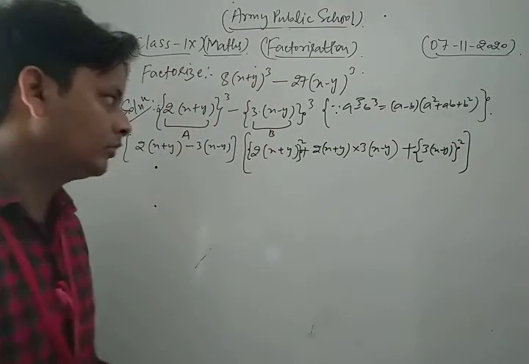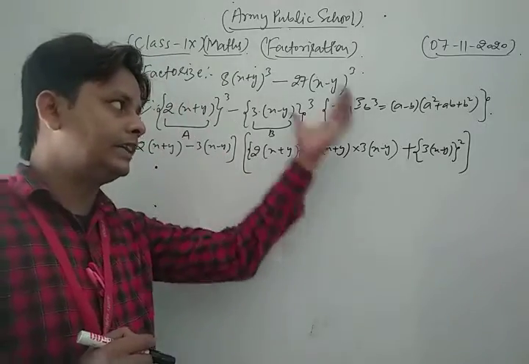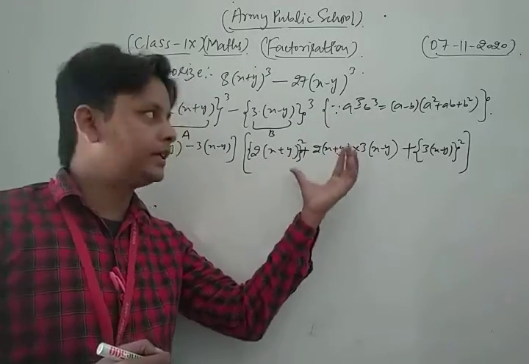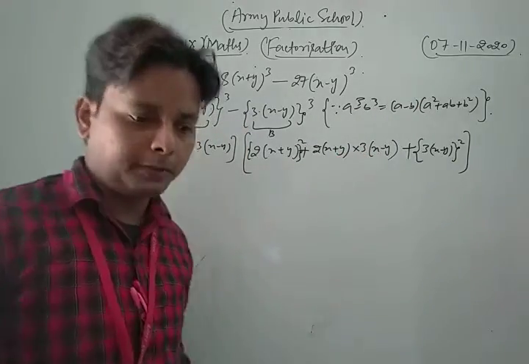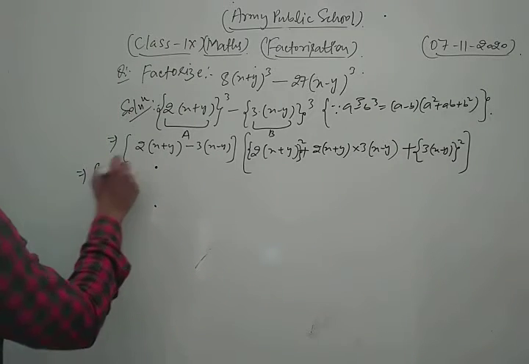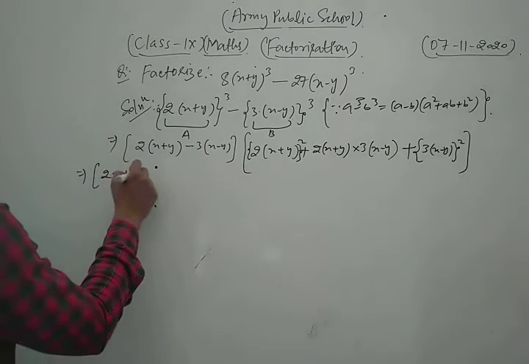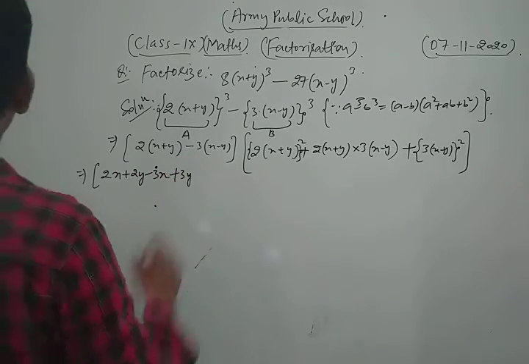Now look, dear students, first of all we arrange the given question based on that identity. Now we simplify them. Let's see. Now look, we multiply that in the first bracket: 2x plus 2y minus 3x plus 3y.